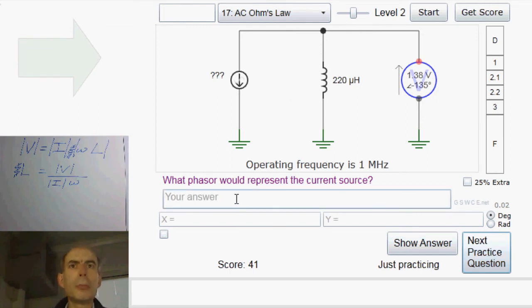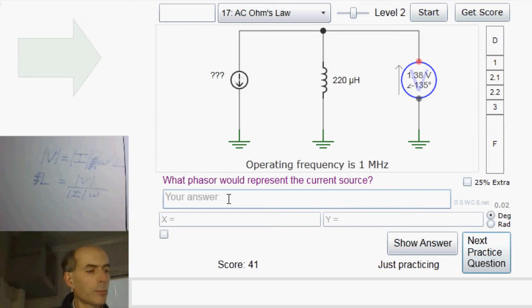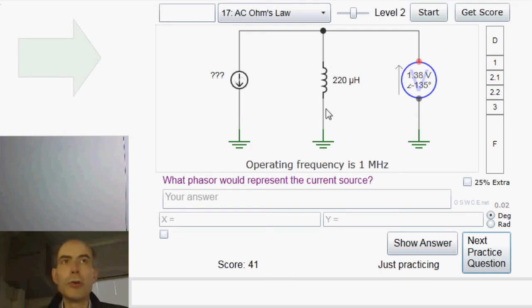What phasor would represent the current source here? And that's actually a little more interesting than it might at first appear, because we've got to be very careful at level 2 with the direction of the ammeters and the voltmeters and the current sources. And we know that the voltage across this inductor is 1.38 volts at an angle of minus 135 degrees.